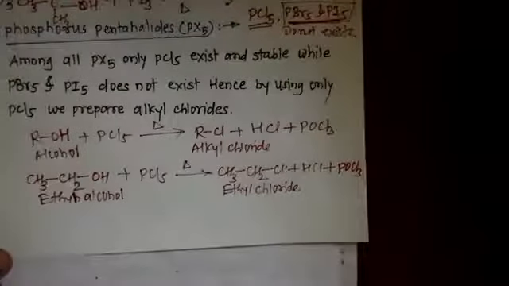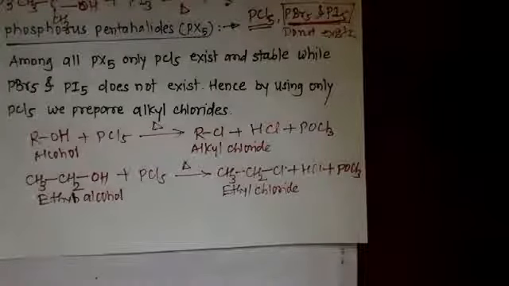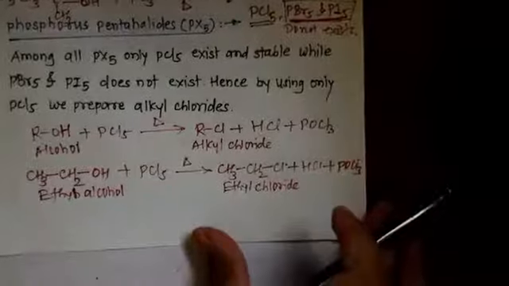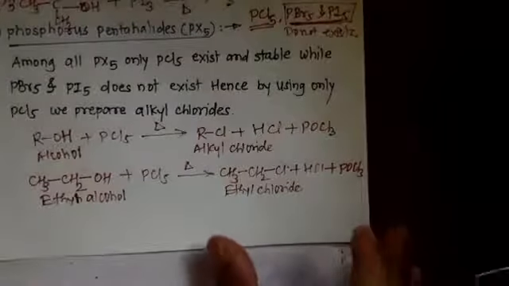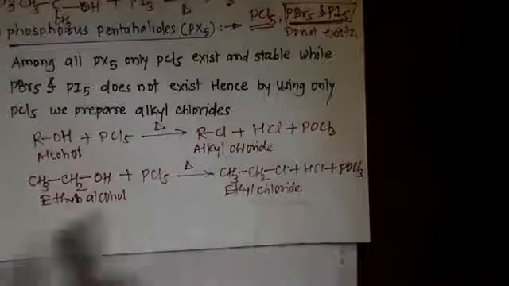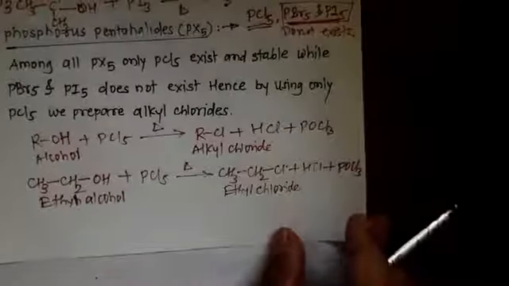For homework, you should take any example from the previous ones where we took many alcohols for reaction. We select one alcohol from those examples and rewrite the reaction for that alcohol.